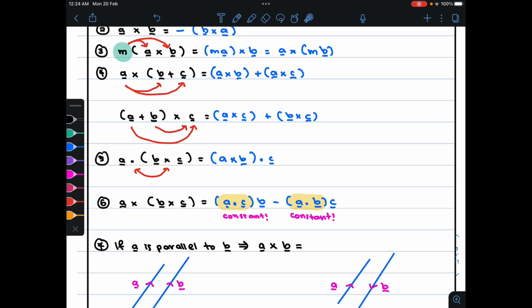So that's why right here, this is times, because a constant can be multiplied with any vector. So it's actually a constant times vector B minus a constant times vector C.